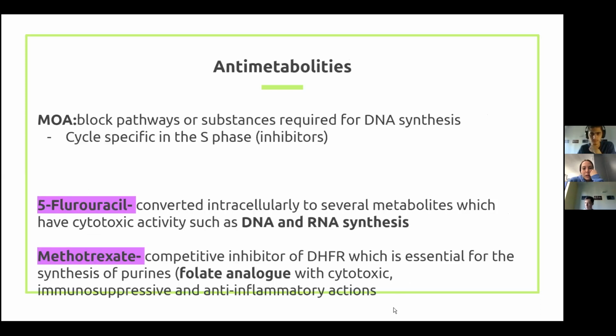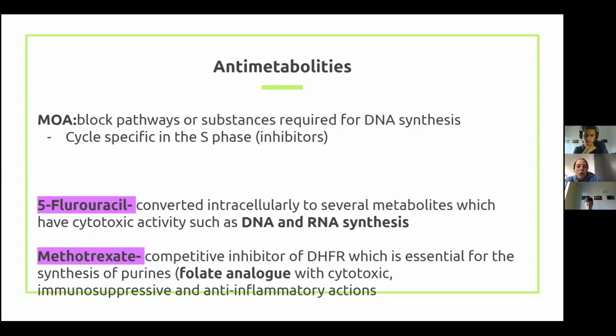Then the next one, we have the antimetabolites. These essentially block the cell's ability to replicate because you don't have any building blocks from which to make the DNA. And this would be cycle specific to the S phase, because they stop the production of DNA, which makes sense. They'd stop the cell from replicating only in that S phase.